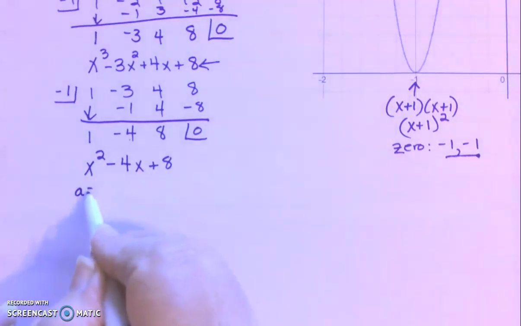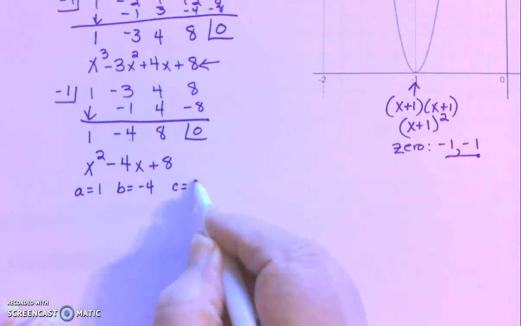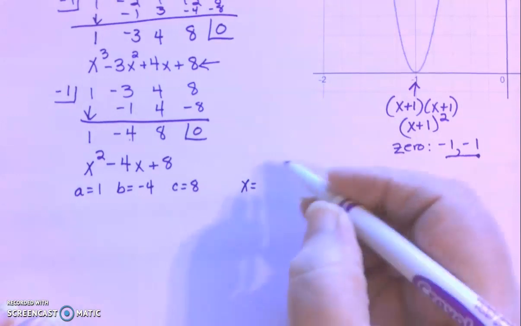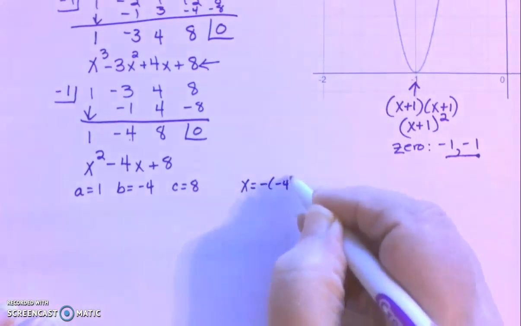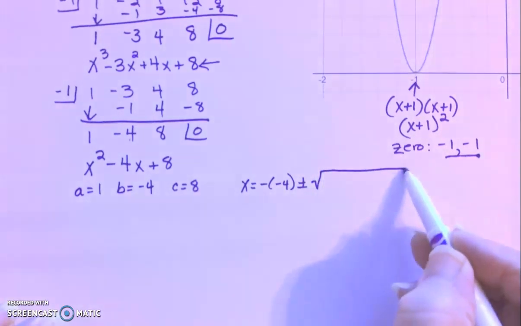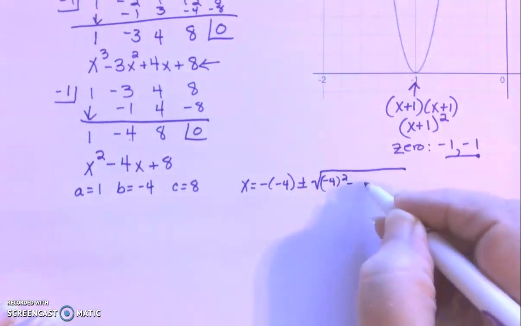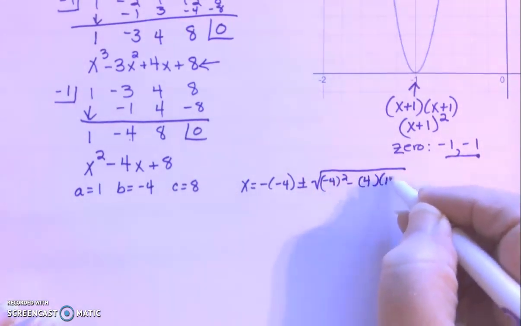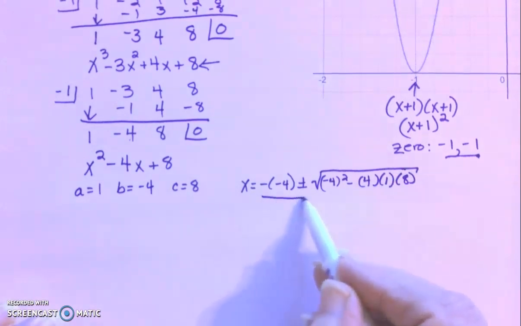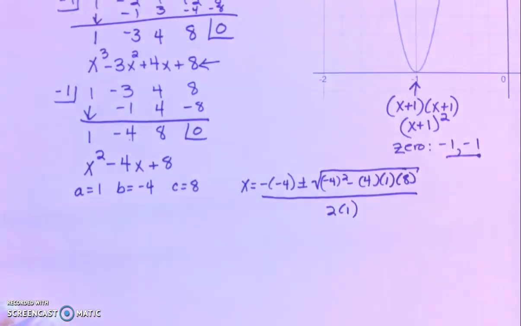So a equals 1, b is -4, c is +8. And we have that x equals -4 plus or minus the square root of -4 squared minus the product 4 times a times c, and that is all over 2 times a.